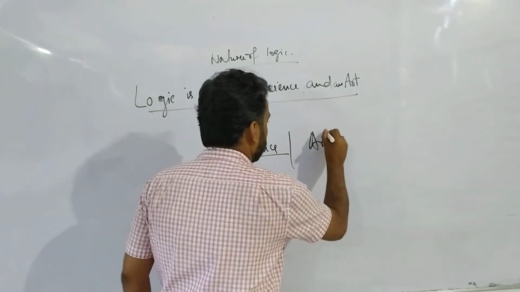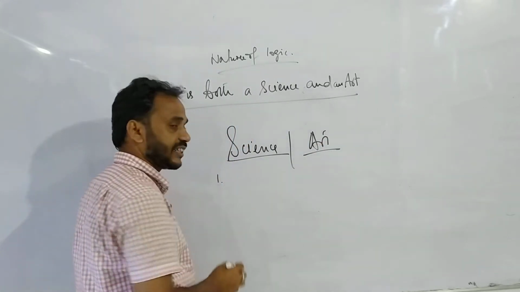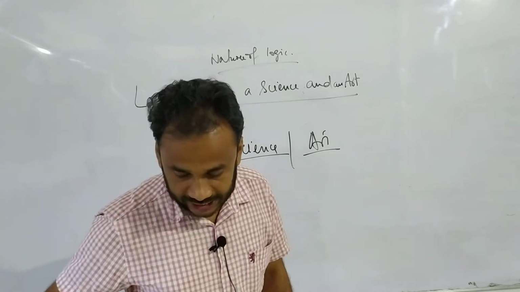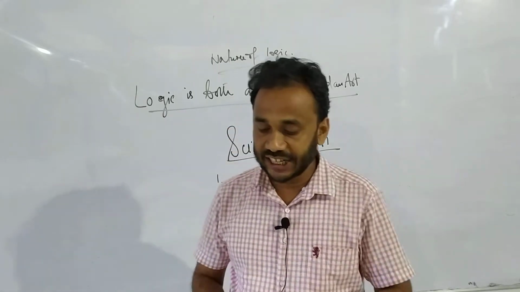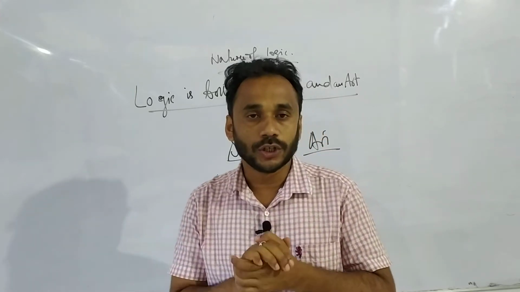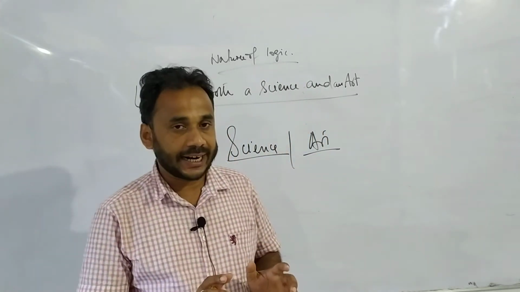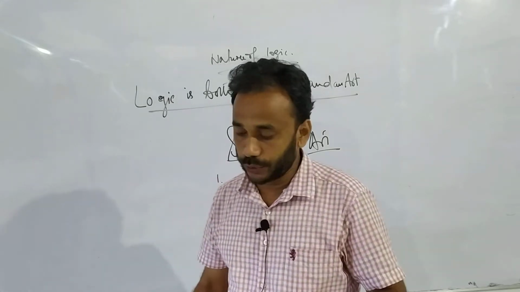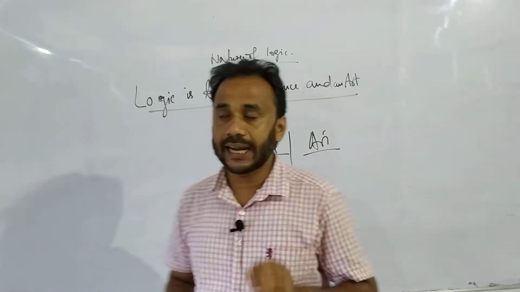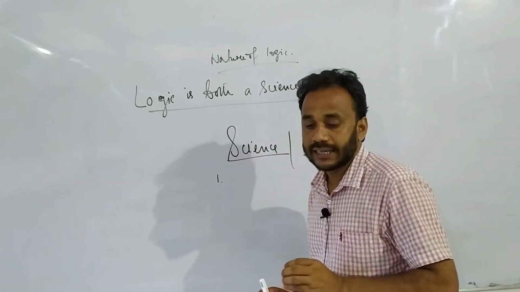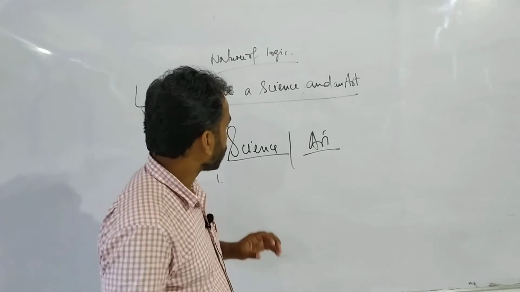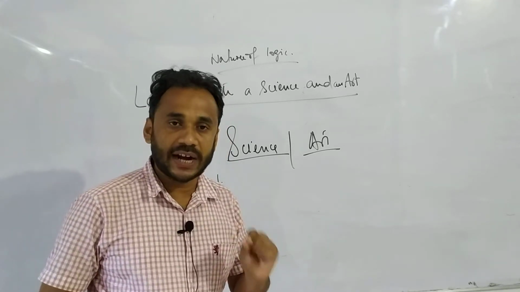The first point: a science is concerned with the acquisition of knowledge. On the other hand, an art is concerned with practical skills to realize a definite purpose. So this is the number one difference.